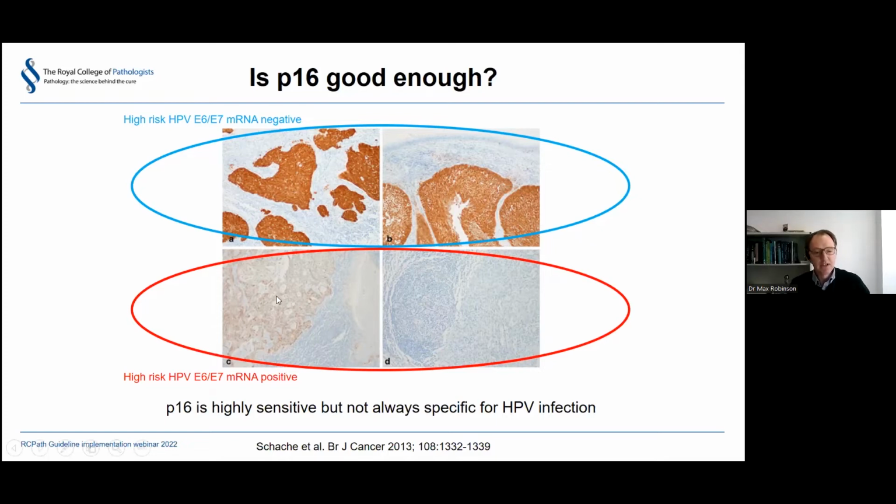So that means basically you're not sure when you've got p16 positivity whether it really is HPV driven. In this particular study that was published in 2013 from Liverpool University, p16 had a sensitivity of 97%, which is great for sensitivity, but the specificity was 82%, which is less than ideal.